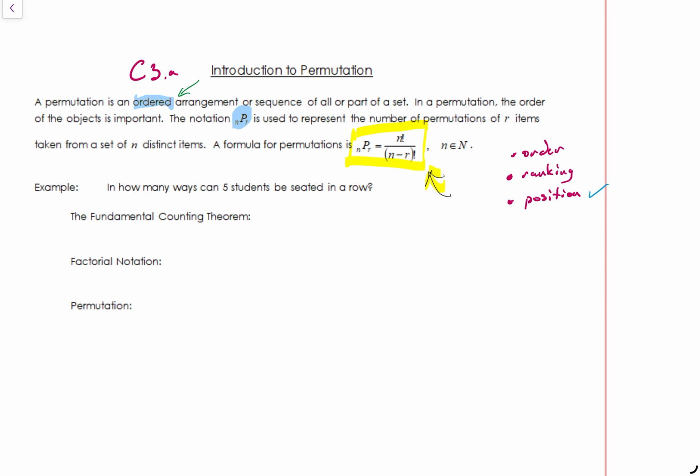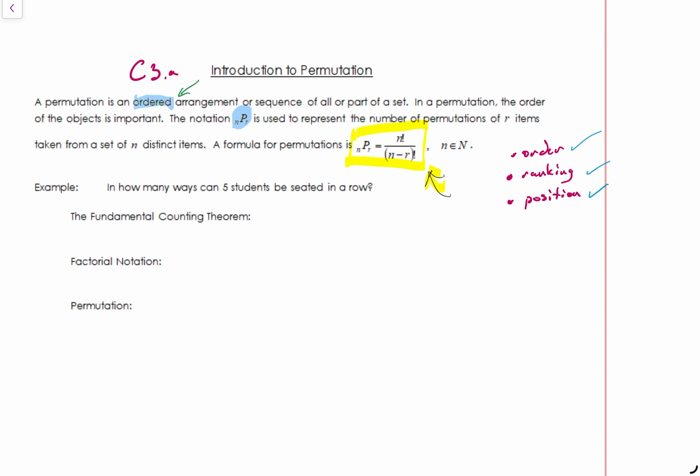So the positions matter. The way that people cross the finish line, first, second, third, has a natural position or ranking, so that would likely be a permutation. Is there an order to things? What we'll see in this next example is there's an order to things.